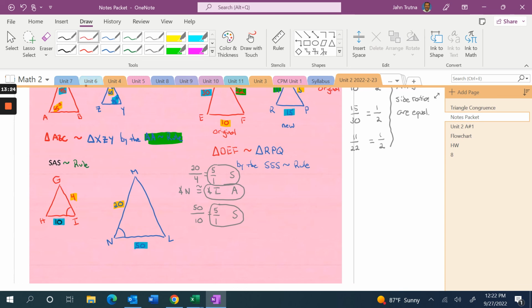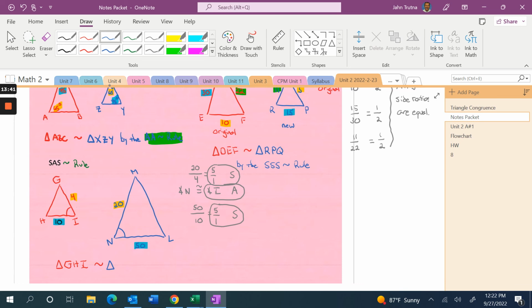So we could now say that triangle GHI is similar with triangle, and then we're going to finish off the statement by matching it up.